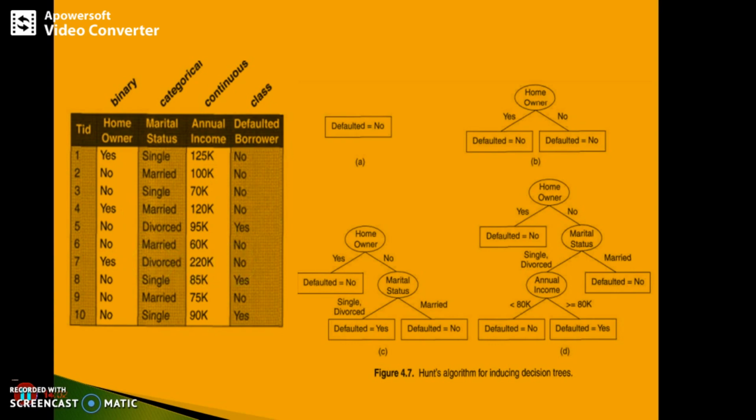So what we will do here is we can take one classification wherein married is a very pure, very clear classification. So we will add one branch for married separately, and we'll do the classification where marital status is married, the class default borrower is equal to no. Can you see here?